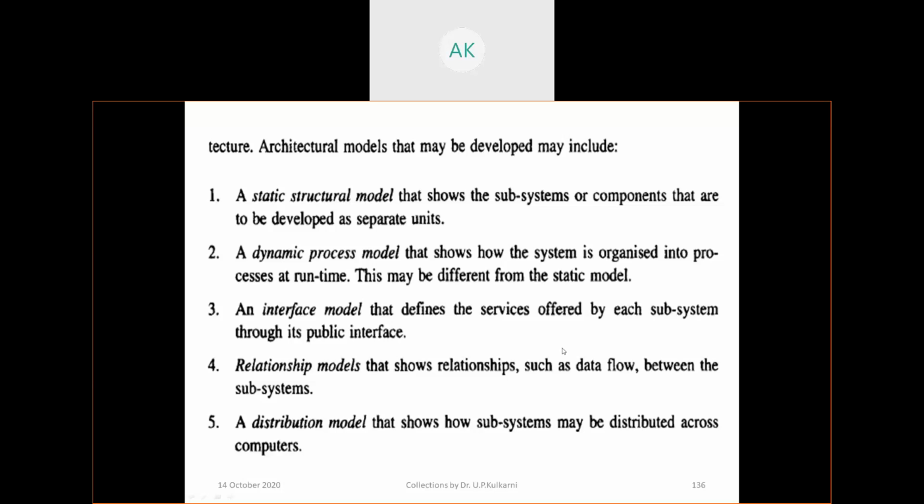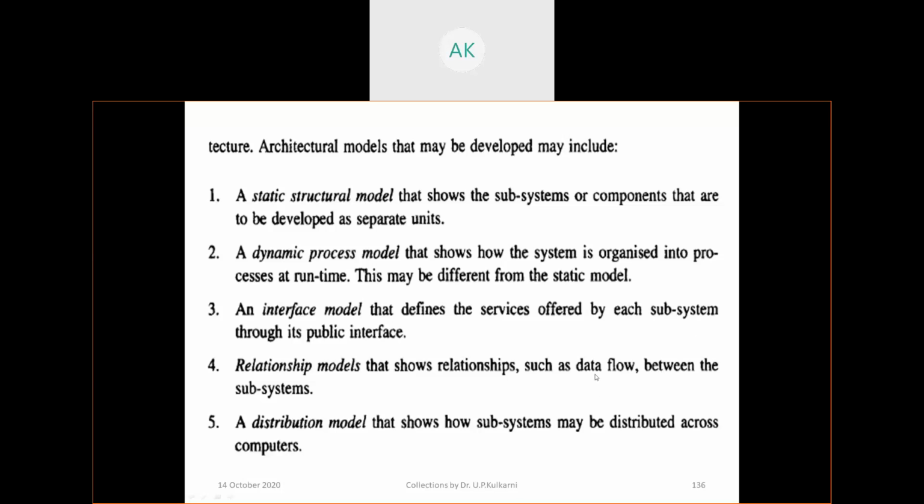The relationship model shows relationships. A best example which we have gone through is data flow between the different subsystems, a process. That can be called a relationship model. You can even call the ER model a relationship model, relationships between different entities and how they are dependent on each other.